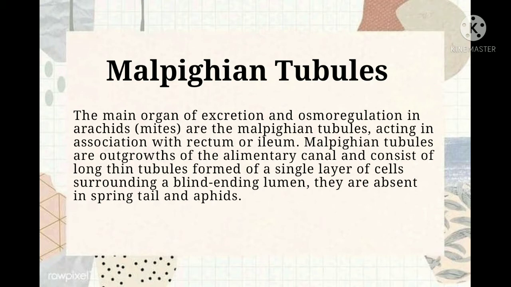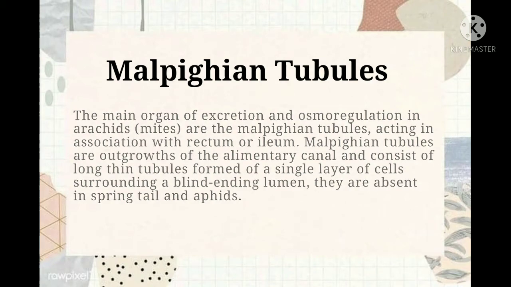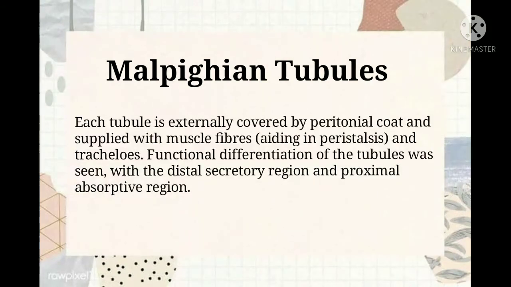Malpighian tubules are outgrowths of the alimentary canal and consist of long thin tubules formed of a single layer of cells. Each tubule is externally covered by a peritoneal coat and supplied with muscle fibers and tracheoles. Functional differentiation of tubules was seen, with a distal secretory region and a proximal absorptive region.